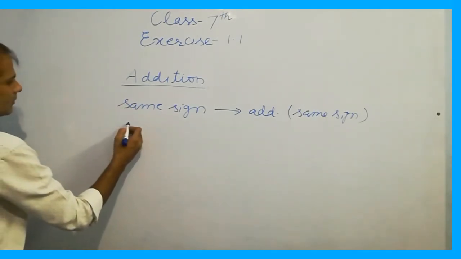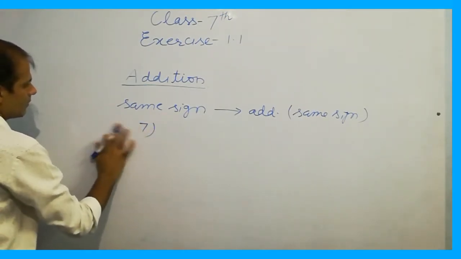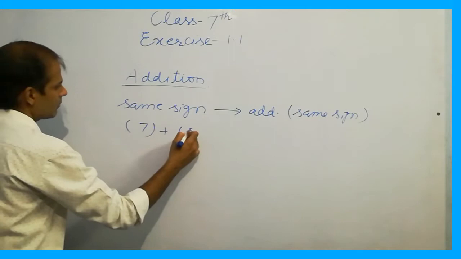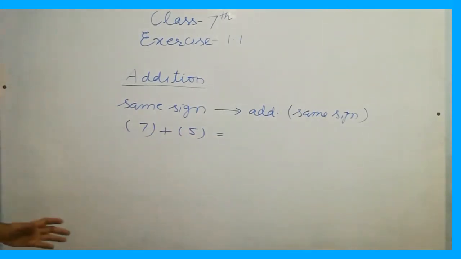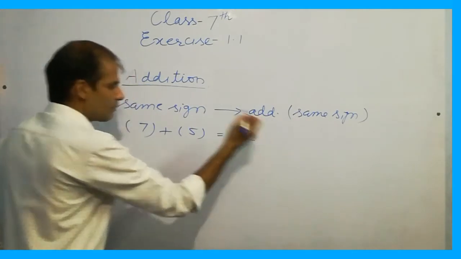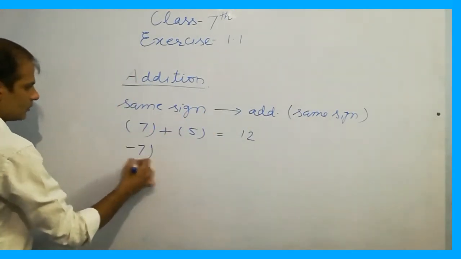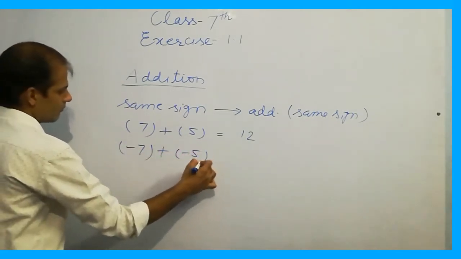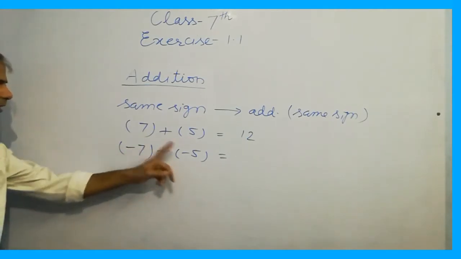For example, you want to add 7 and 5, so the answer will be 12, and it will be positive because both the numbers are positive. But suppose you want to add minus 7 and minus 5.